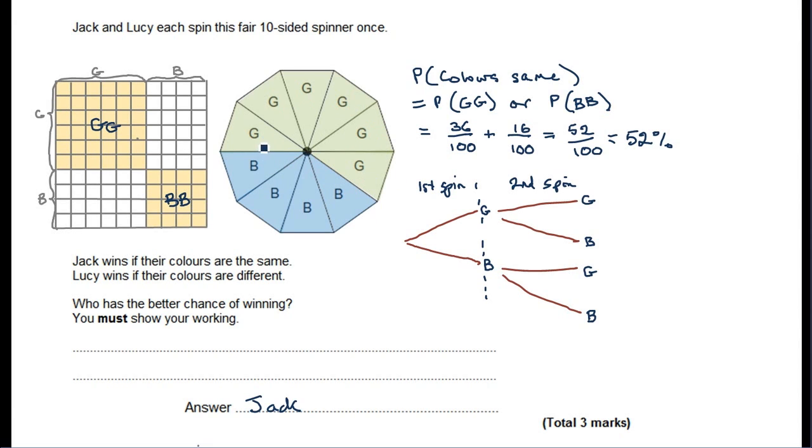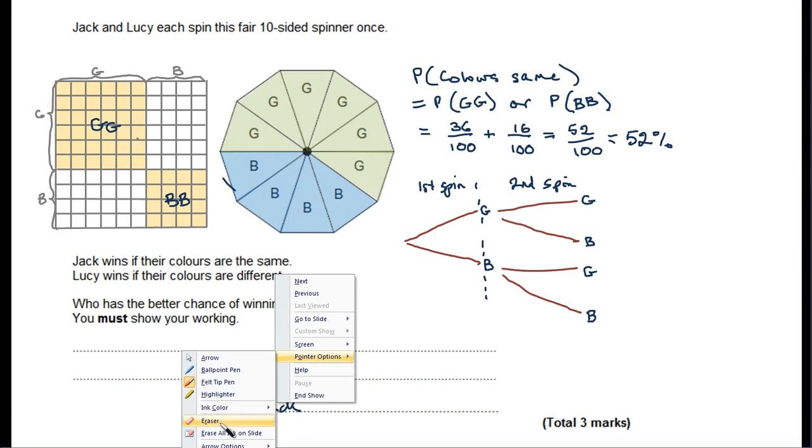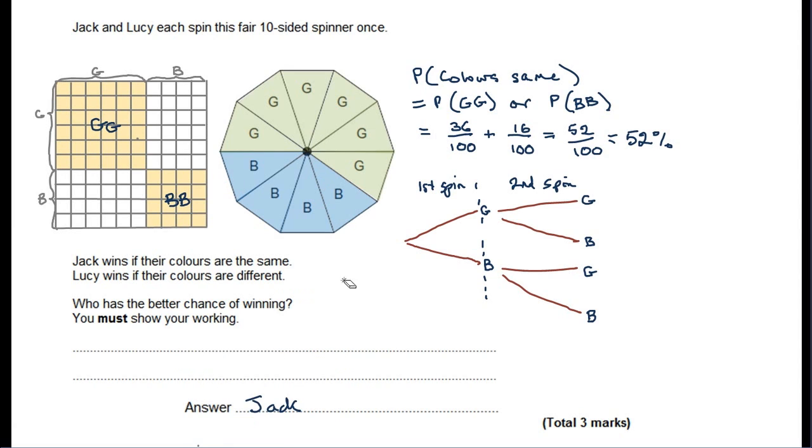Okay, so now we can fill in our probabilities. The probability in the first spin of green is going to be the number of greens divided by the number of faces that we've got. So we've got 6 greens and 10 faces, if you like, edges. So we've got 6 out of 10, and in fact what we've got here is a visible fraction: 6/10 of the spinner.